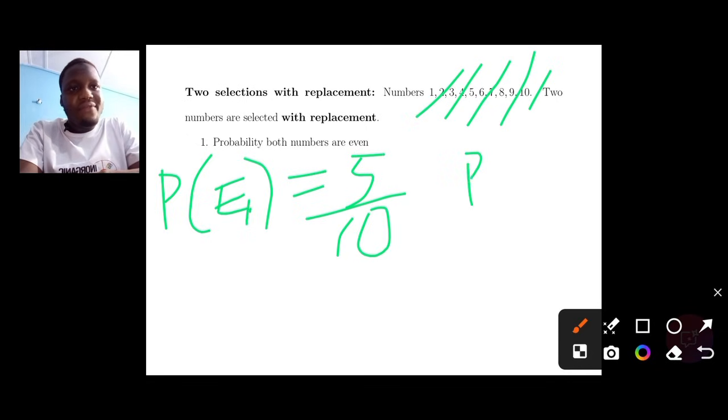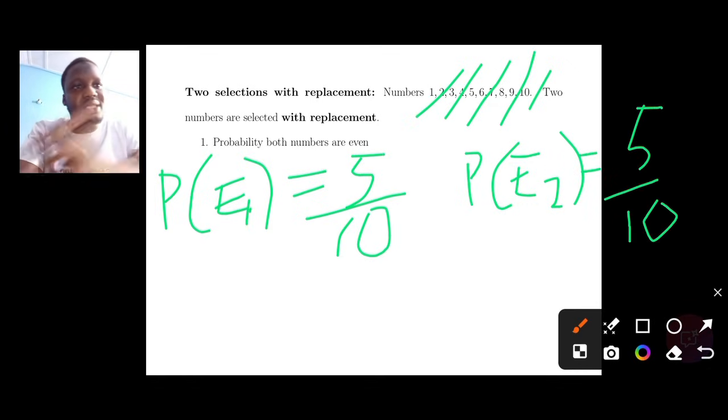And you go ahead and find the probability that the second one is even, which is also 5/10, because it's the same as what the first guy did. So the probability of getting even in the first selection is 5/10, and in the second selection is 5/10.